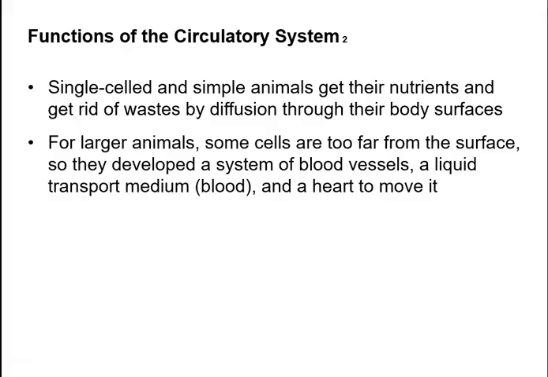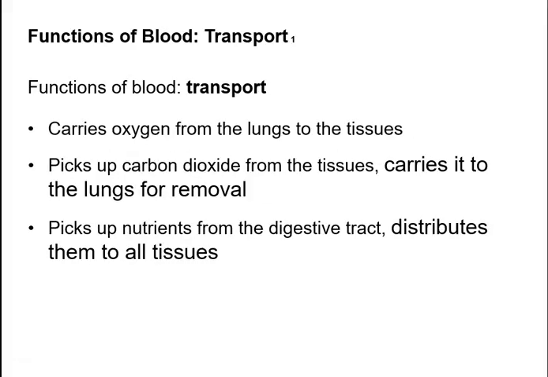For us, we have a complex respiratory system that allows oxygen to come into the lungs, and then it gets passed over to the blood, and then the blood can transport that oxygen where it needs to go. And it does that through the pumping of the heart. The heart is going to help with that transport process, that moving of the blood through those blood vessels.